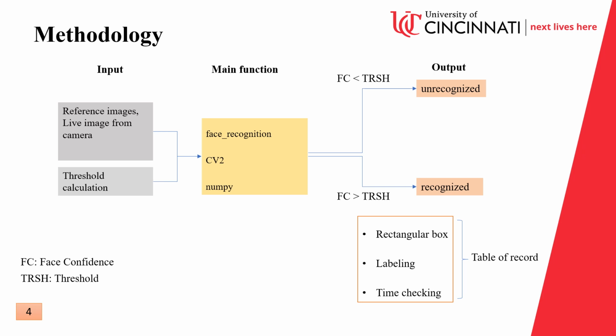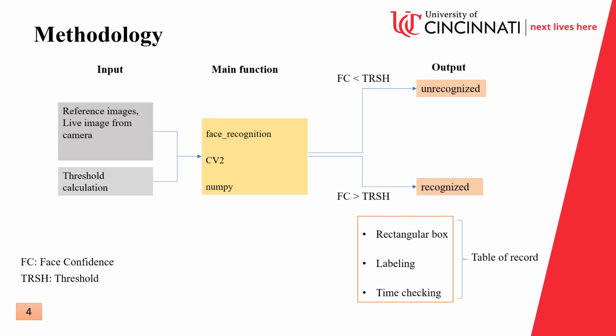So our images could be read as matrices, as you may know, and with that we can do comparison with the help of NumPy. After that, we would end up with a face confidence percentage result. If our face confidence percentage result is beyond our threshold, this means that the person is recognized.